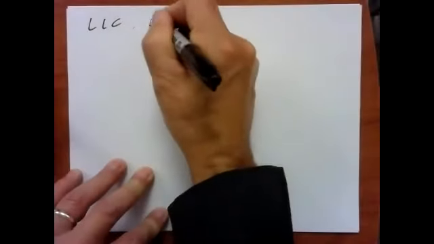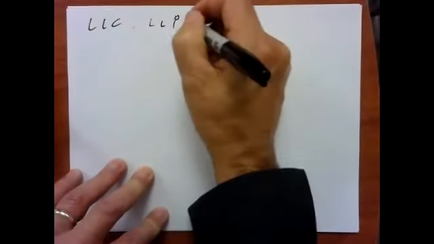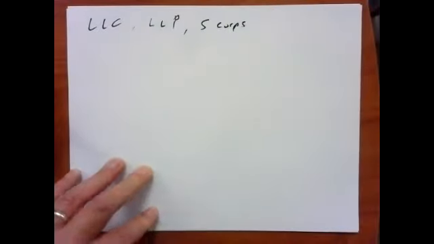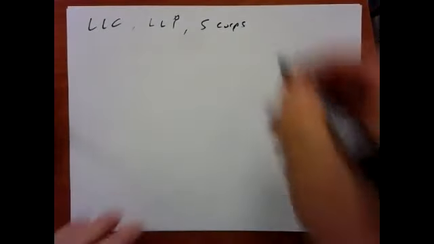There are a whole bunch of other animals out there in our business environment, and we're not going to talk about these in any detail, but you'll hear these phrases: a limited liability corporation, a limited liability partnership, S corps, professional corporations, PC.